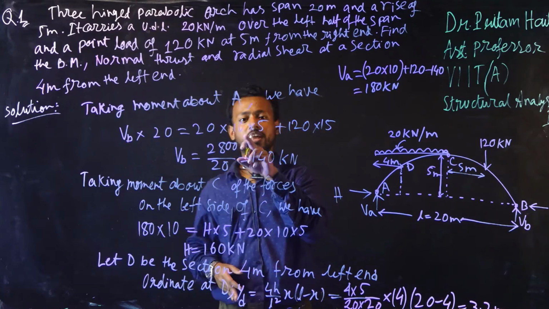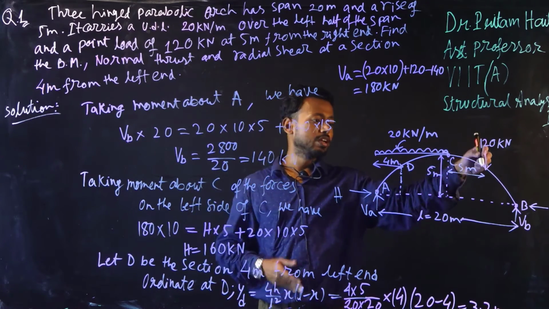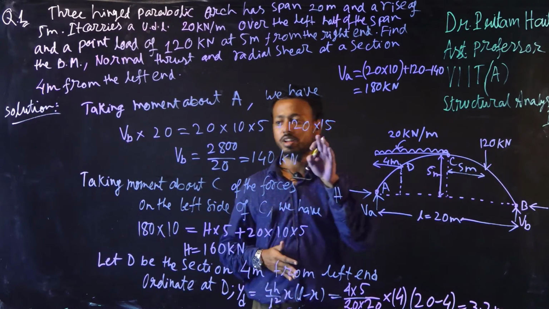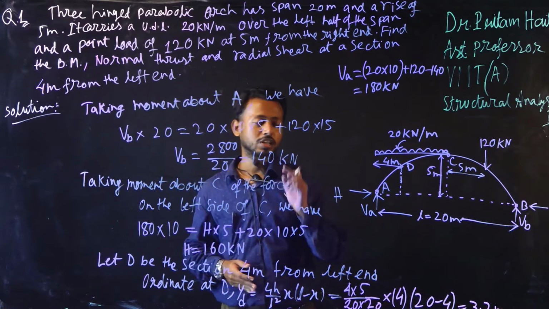So 20 into 10 into 5 plus 120 acting at 15 meter distance. So we have VB equals 140 kilonewton.